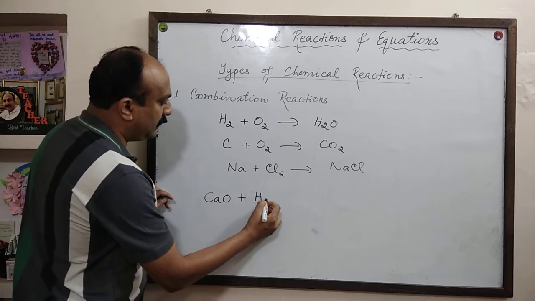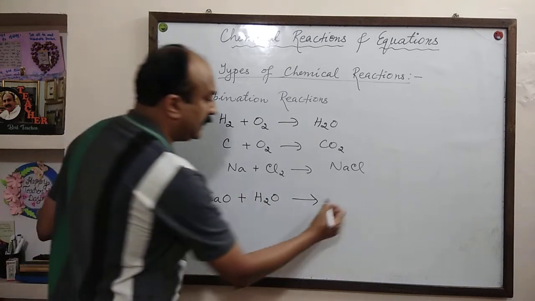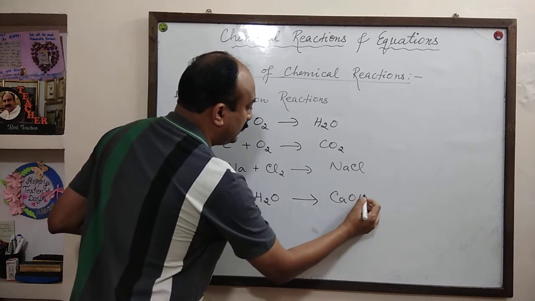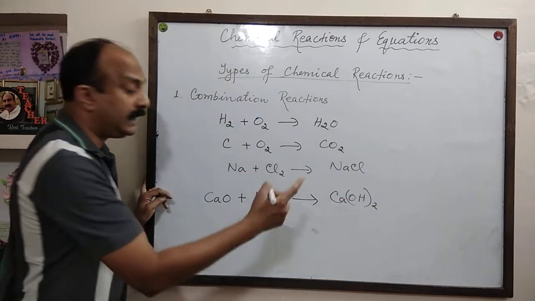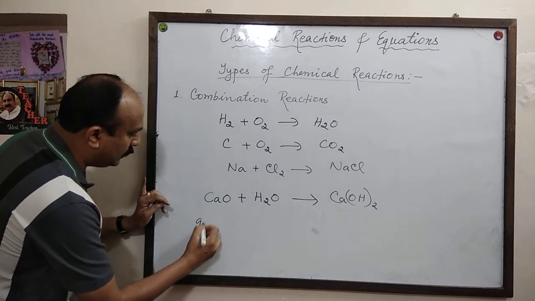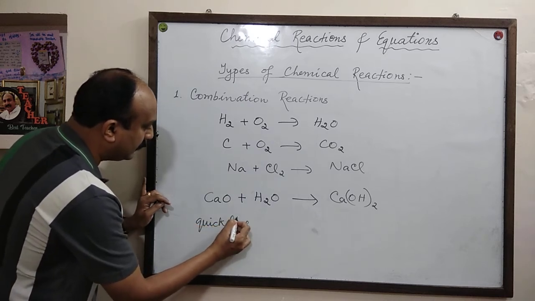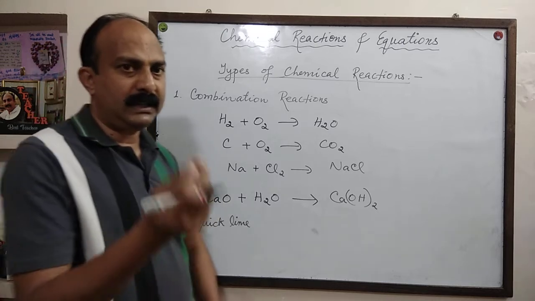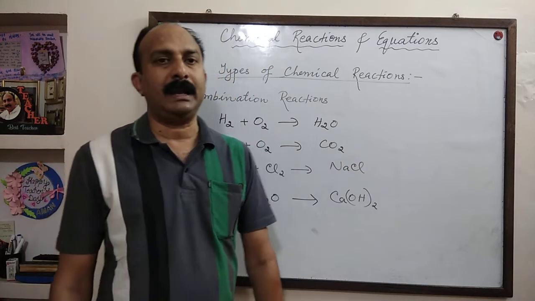When water is added to quicklime, then we get Ca(OH)2, calcium hydroxide. It is known as slaked lime. So CaO is quicklime, the lime in that white form that we use to put on the track.